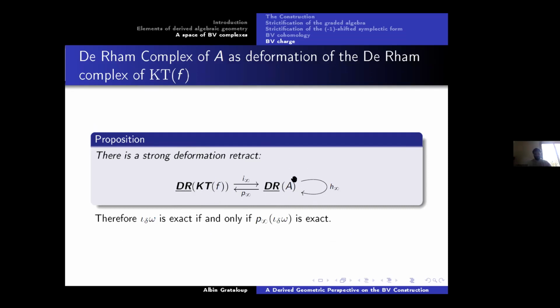But the thing is, A is just the same thing as KTF plus these Chevalley-Eilenberg terms. And P infinity has the nice property that it will somehow forget these Chevalley-Eilenberg terms. And now asking whether this contraction is exact in here is the same thing as asking if P infinity of it is going to be exact for this strong deformation retract.